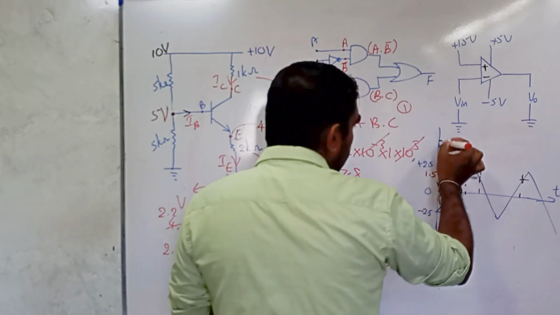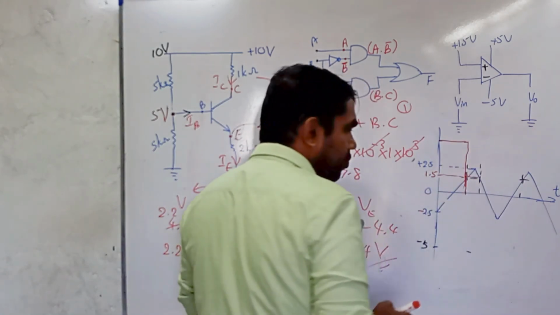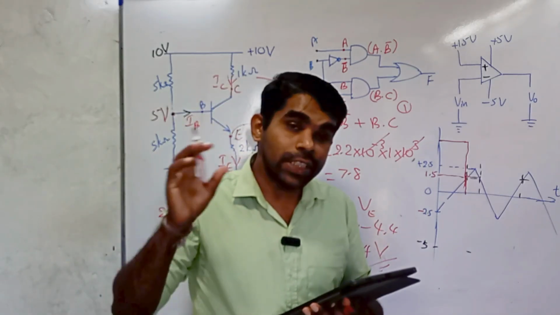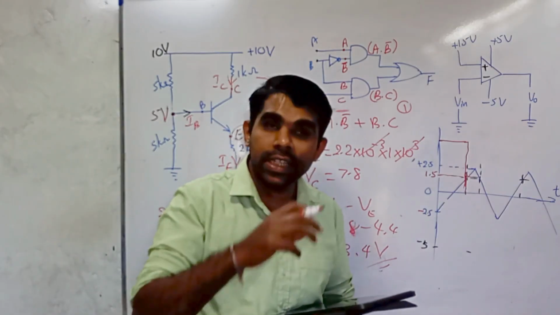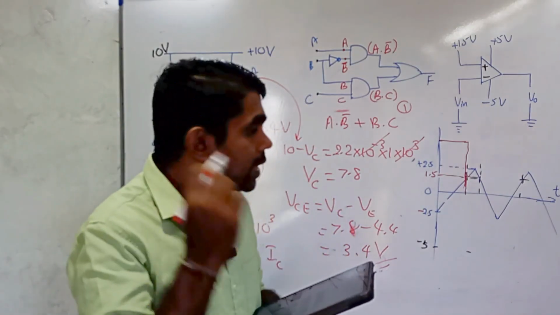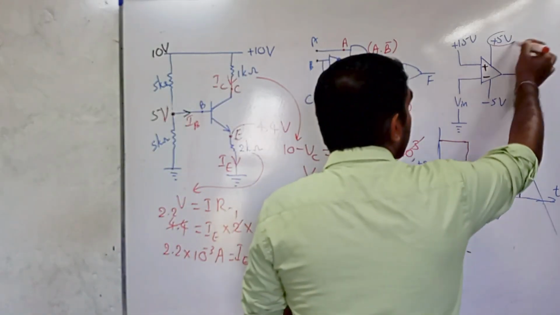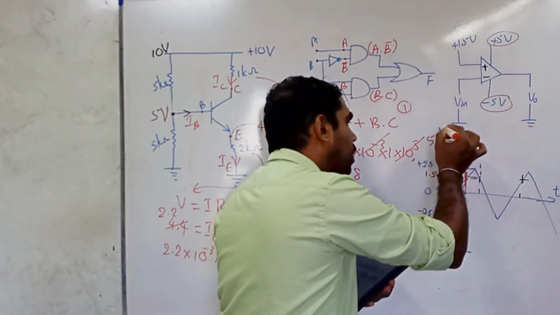Therefore, the output voltage should be 5 volts up to this point. If there is a value given for the saturated voltage, we have to use that value, but in this circuit, they have not given a saturated voltage. Therefore, we have to consider that this supply voltage is equal to the saturated voltage, so plus saturated voltage is 5 volts.